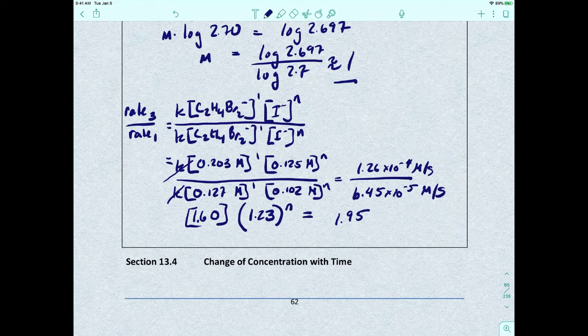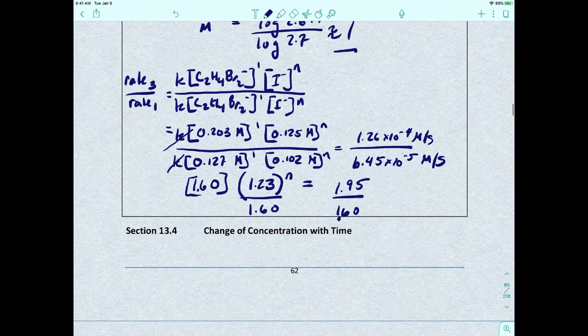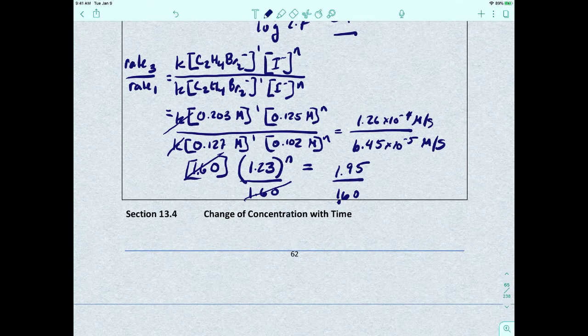We got to get n by itself, so the way we're going to do that is divide both sides by 1.60. That's going to be a start. All right, so there we go. So we're going to have 1.23 raised to the n equal to 1.95 divided by 1.60. We should have 1.22. So we're close. We're super close.